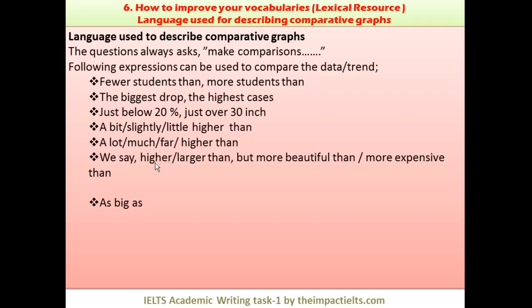Simply understand that if the words look small, like high, large, small, we simply add er and it is followed by than. But if the word is a bit bigger, like beautiful or expensive, which has more units of pronunciation, then it is different.